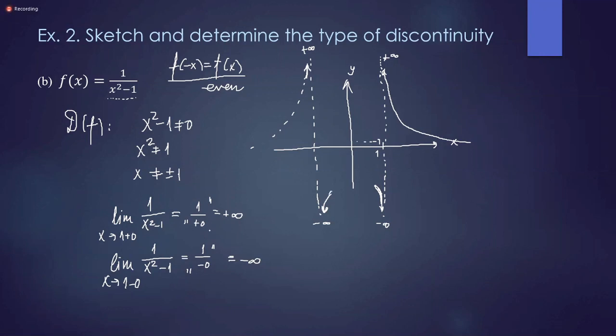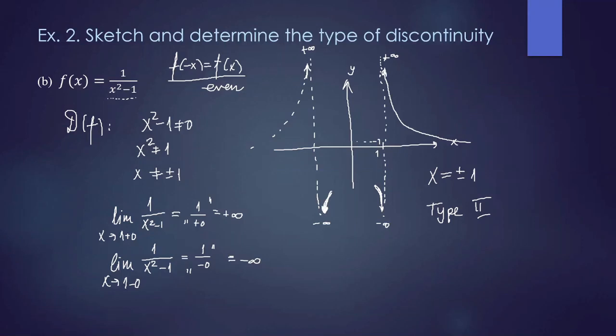So if x is positive or negative 1, then we have type 2 discontinuity at both points because infinity is involved in both cases. I investigated what happens around positive 1.